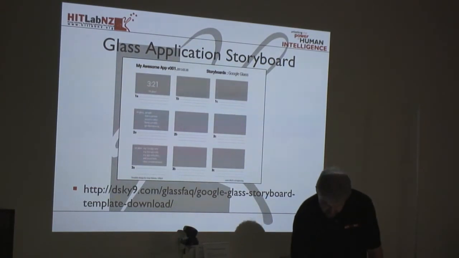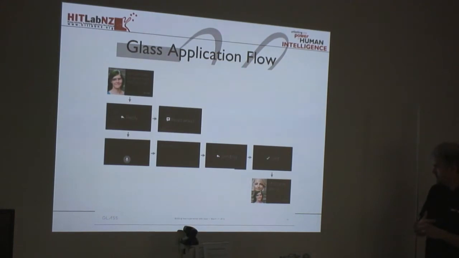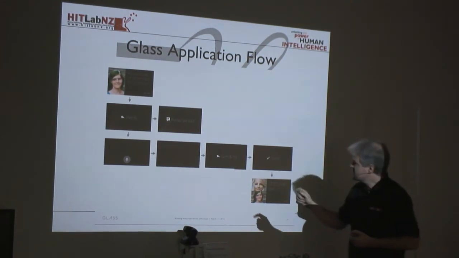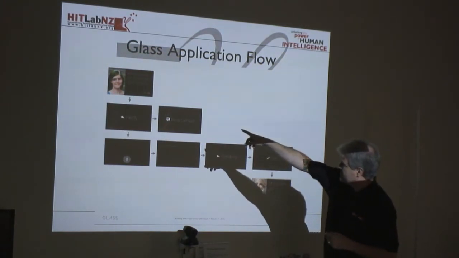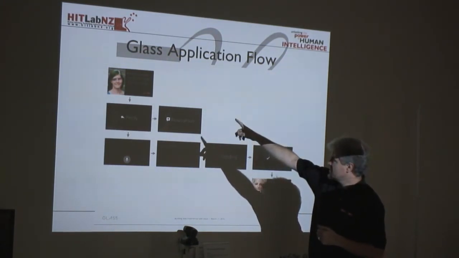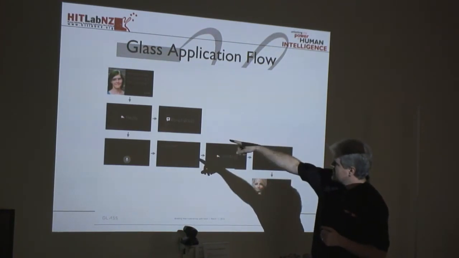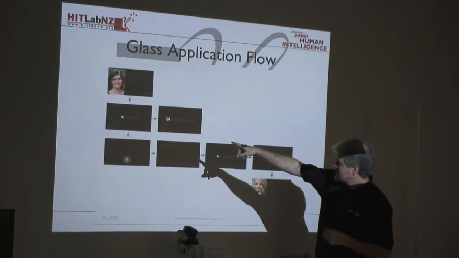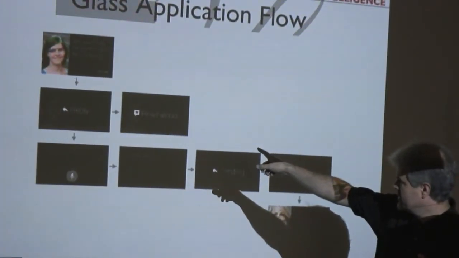Of course, what you really want to build is the Glass application flow. So, for example, here's an application flow of what it might look like in the cards in the head-mounted display. In this case, this is a messaging application. This woman has received a message: Are you ready for game this Saturday? Hard to read. Then she can tap on the card, and she can either reply, or she can swipe sideways and go to read aloud.